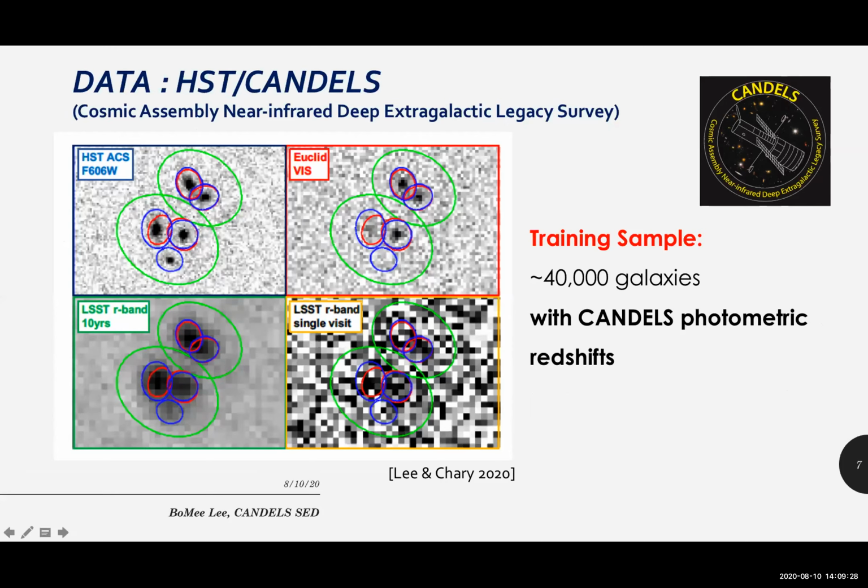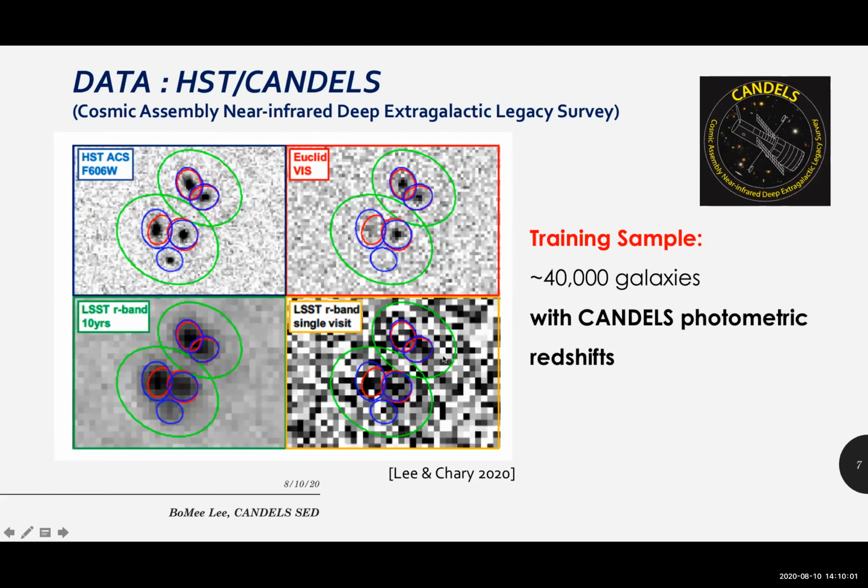Here, this is the HST I-band image, ACS F606W, with isophotes, blue isophotes here, derived from photometry, compared to other surveys having worse spatial resolution and smaller depth. The red is Euclid optical band, and the green isophote is from LSST 10 years. And this is LSST single visit.